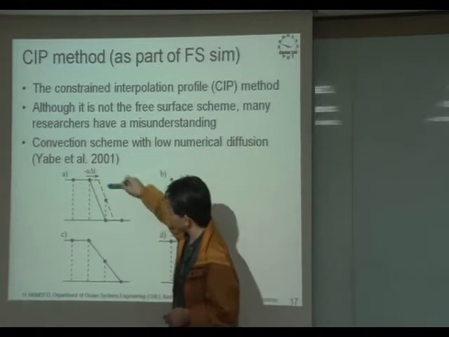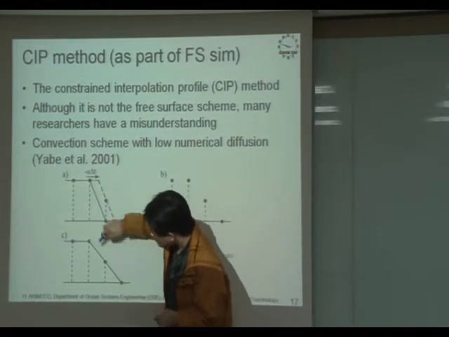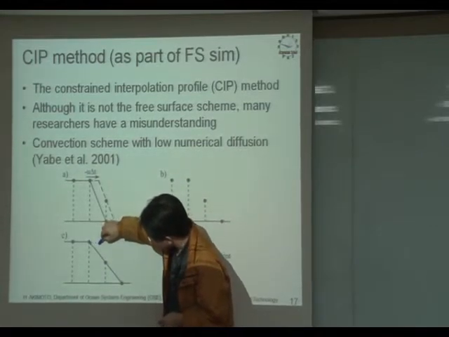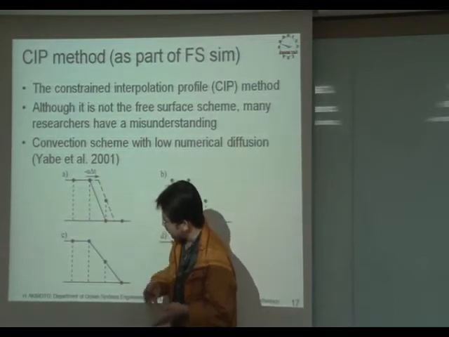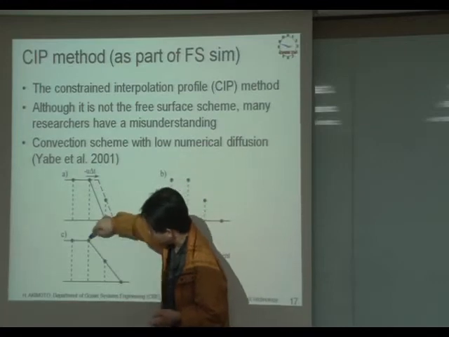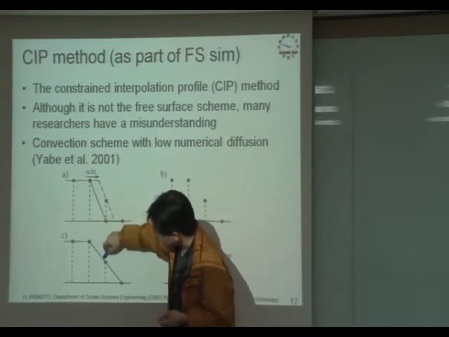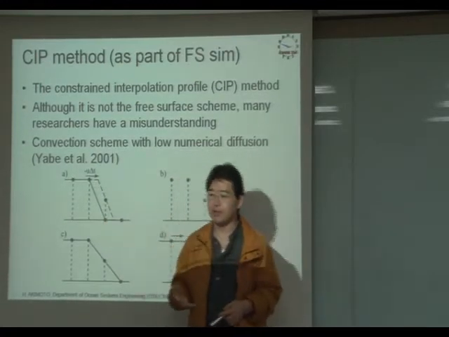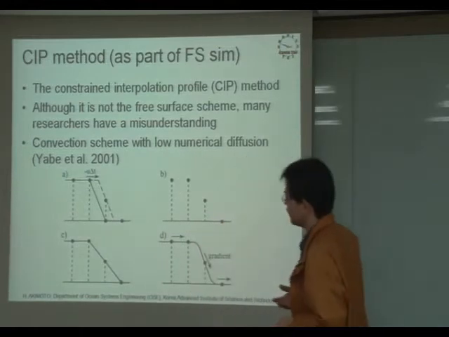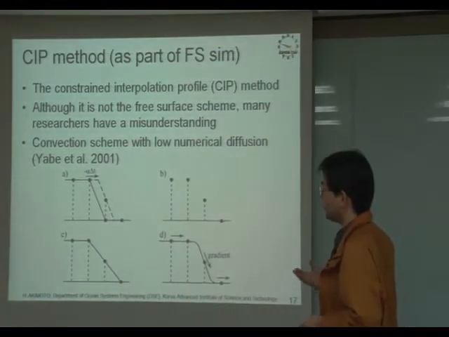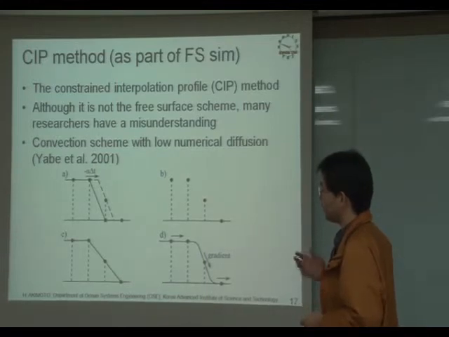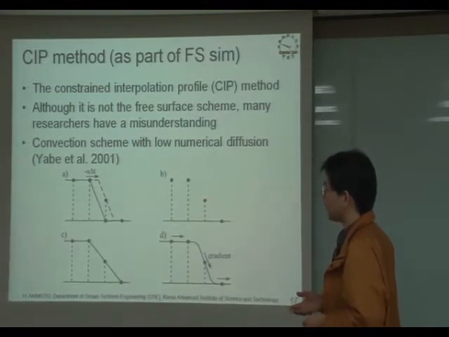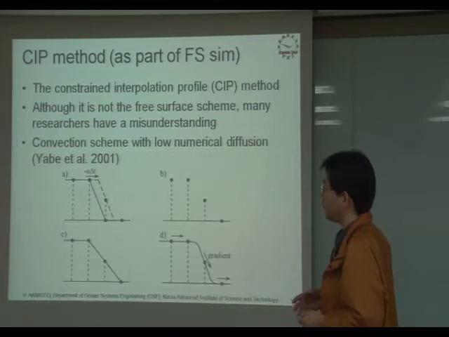The difference is, if it is treated very ideally, we should have this part, but it disappeared. It is a result of the diffusive feature of the convection scheme.